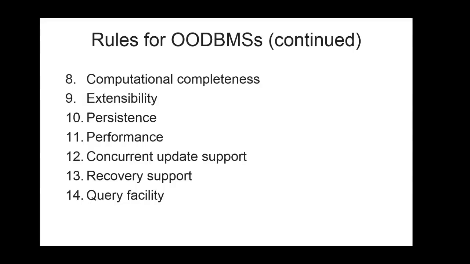Another rule is persistence, as well as performance. An object-oriented database management system should have sufficient performance capability to manage very large databases. Another rule is concurrent update support, which means the database management system must support concurrent updates. Also, recovery support as well as query facility. An object-oriented database management system must also provide a query facility.